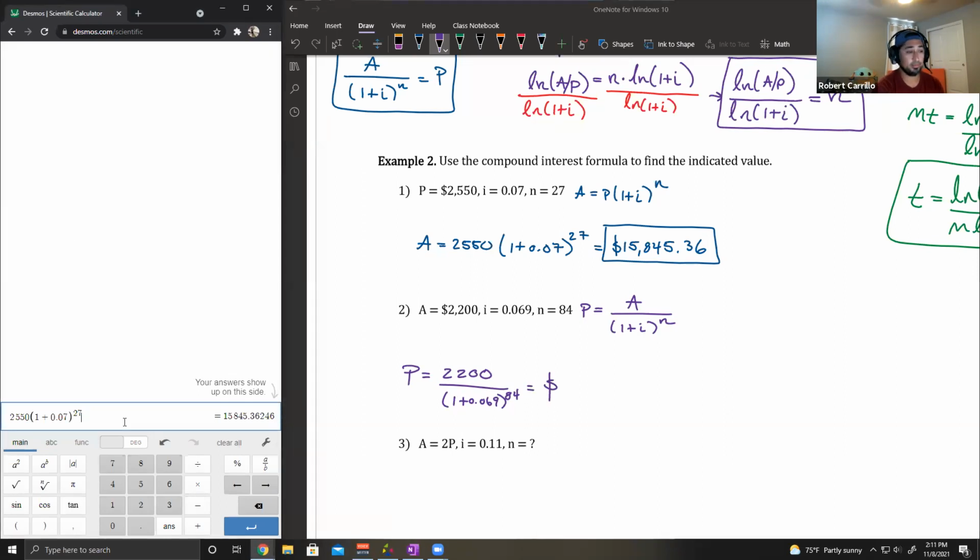Let's see what we get there. Fraction, 2,200 over 1 plus 0.069, all raised to the 84th.